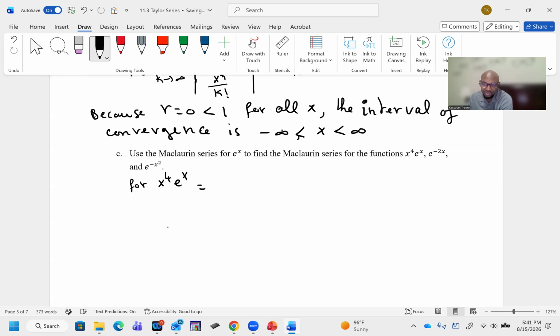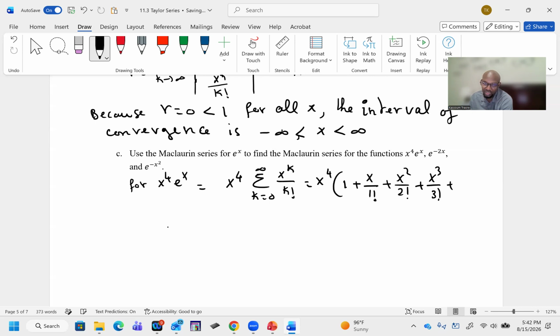So that will be equal to x to the power of 4 times the sum from k equals 0 to infinity of x to the power of k divided by k factorial, which is x to the power of 4 times 1 plus x divided by 1 factorial plus x squared divided by 2 factorial plus x cubed divided by 3 factorial plus and so on, right?